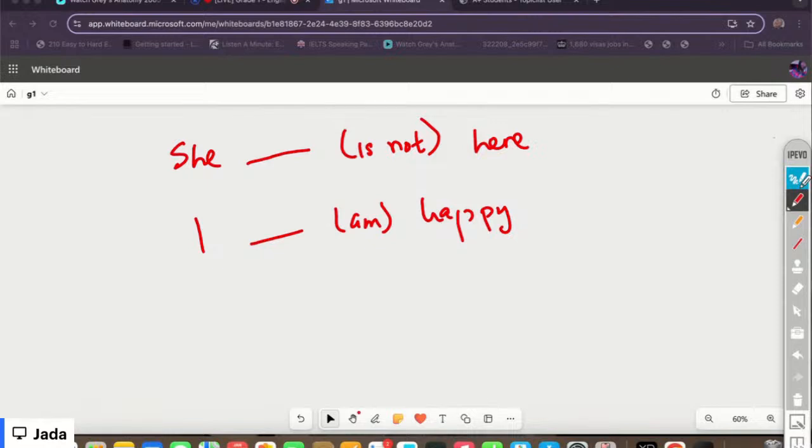Okay, send me the right contraction to complete these sentences.